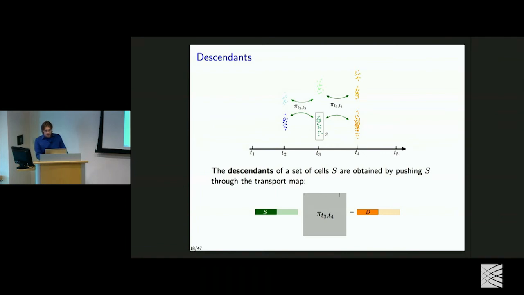And so for a single row, the total mass of that row would be the total number of descendants that cell has. It would be the total mass of its descendants. So some cells might have descendants with mass 0, which would mean they would die from time T3 to T4, for example. But what phi actually is, just to make sure I understand, is that it's a coupling between two copies of expression space.